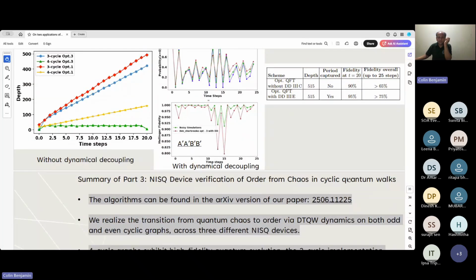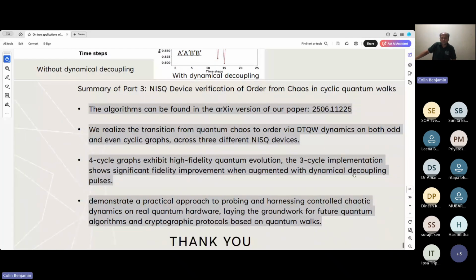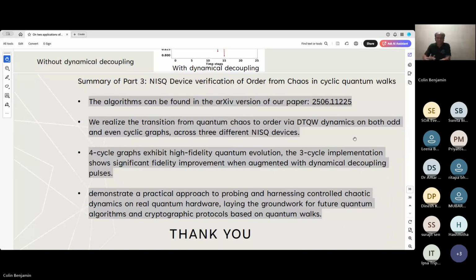So here's the summary of the third part. We want to use our algorithms to run these codes. You can find it in the arXiv version of our paper. And we have realized the transition from quantum chaos to order by a discrete time quantum walk on both odd and even cyclic devices. I only showed the results for IBM Sherbrooke.